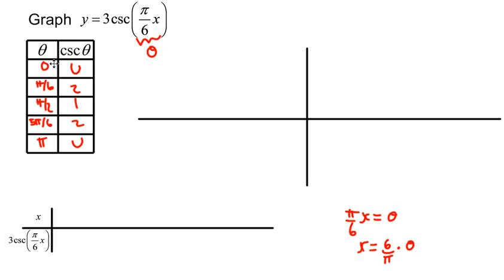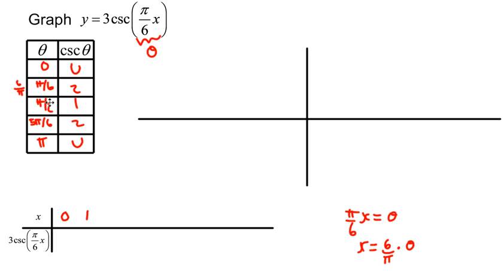I take 0 and multiply it by 6 over pi, which is just 0. Let's take pi over 6. If you multiply that by 6 over pi, the pi's cancel and the 6's cancel, so that's just 1.